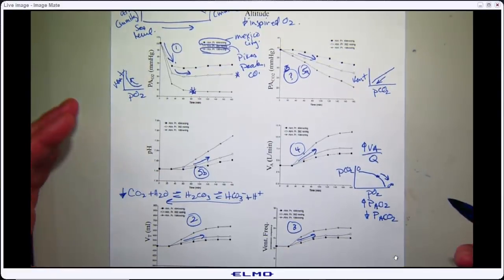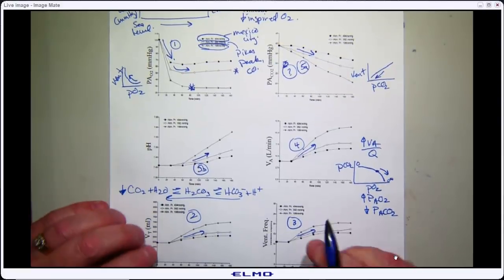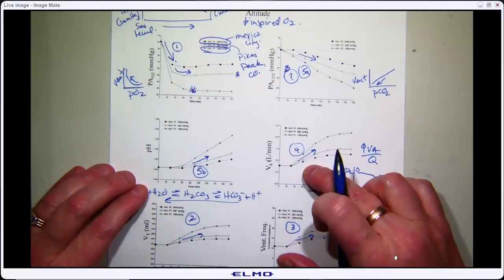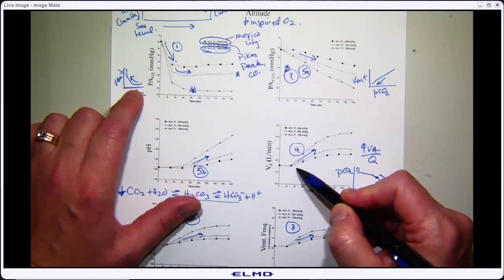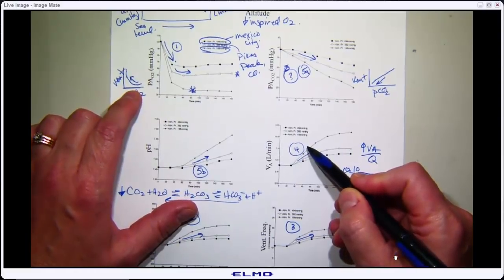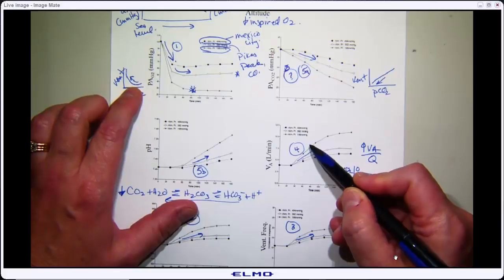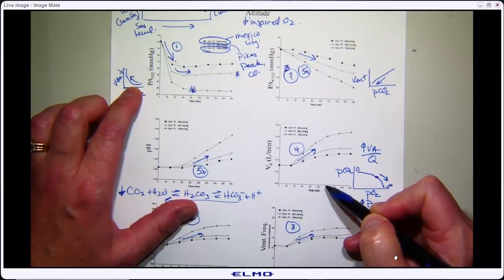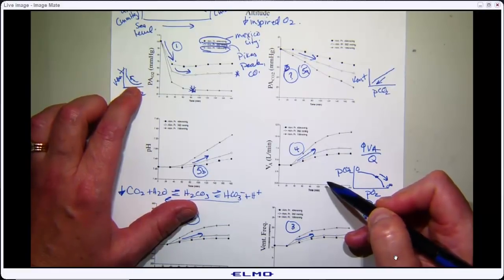So what we'll find is that frequency and tidal volume, and essentially then alveolar ventilation, didn't go up as high as it should to fix the oxygen problem, and it didn't go down as low as it should to fix the new CO2 problem. It was somewhere in between.